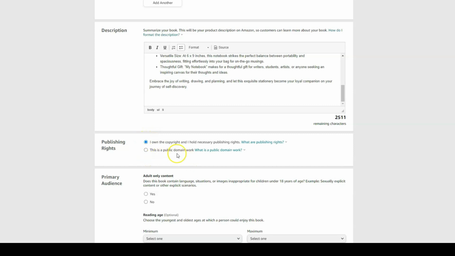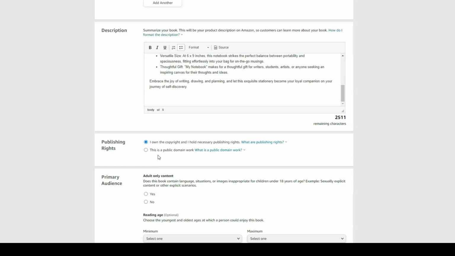This one here is only if you are creating public domain books, and public domain books is something completely different. They are books that have already been published, but they're quite old and they're not under copyright, and then you are technically allowed to republish them, but Amazon are very strict on how you need to do that.